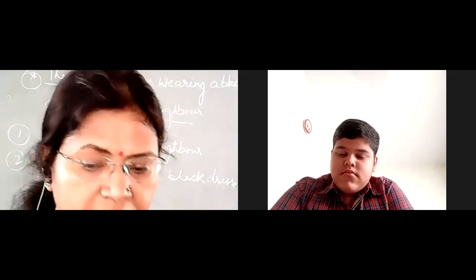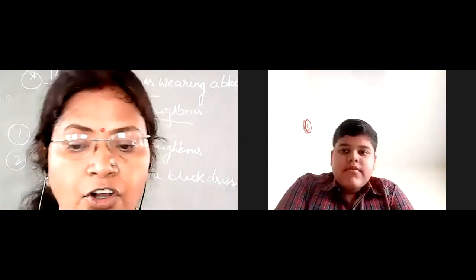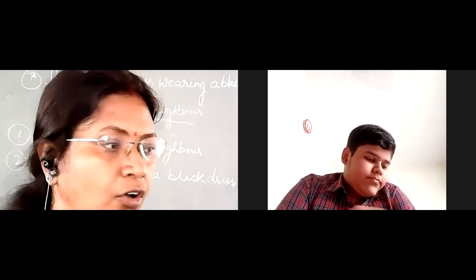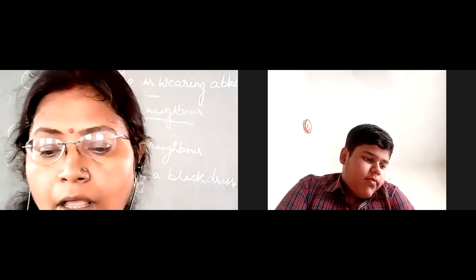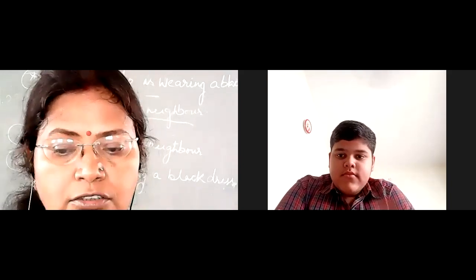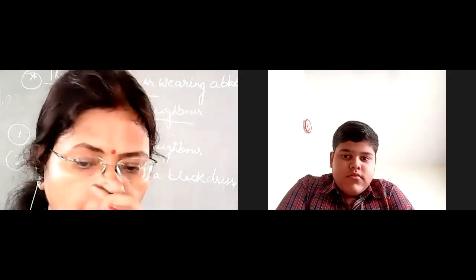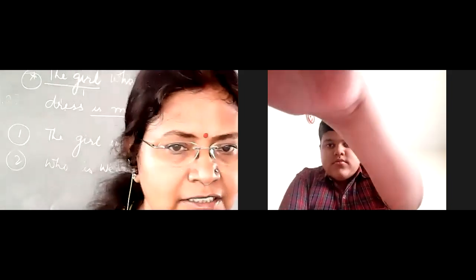What is a complex sentence? A complex sentence is made up of a main clause, complete in itself, and one or more subordinate clauses. Subordinate clauses do not make complete sense. They add something to the meaning of the main clause.